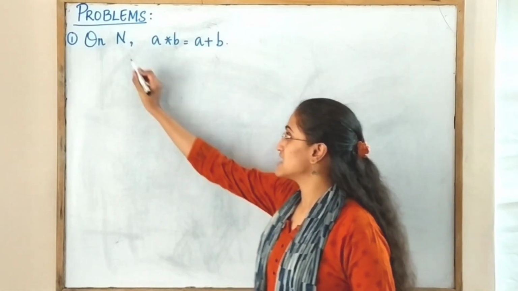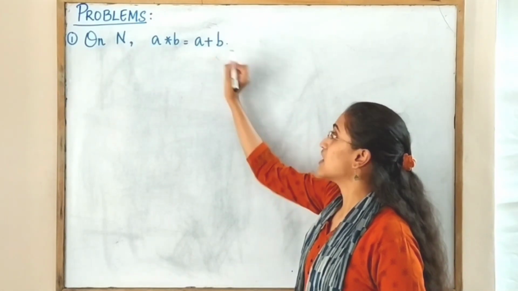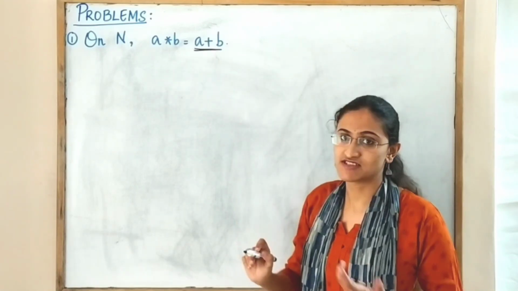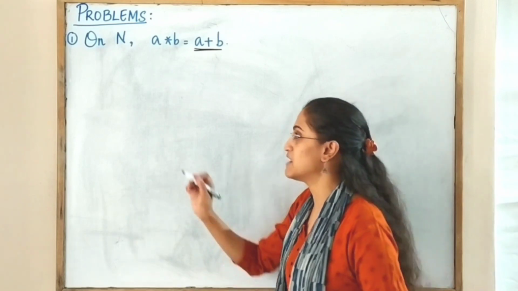On the set of natural numbers, they have given the operation as A star B is equal to A plus B, which is nothing but the sum of two given numbers.